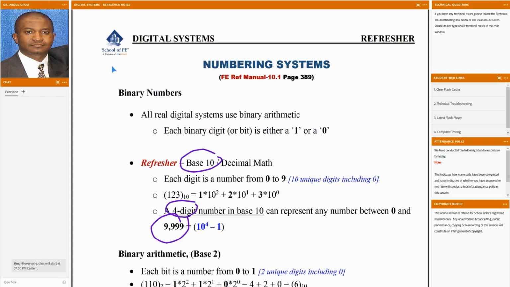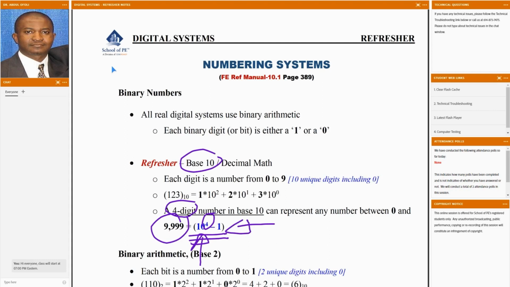This number can be represented as 10 raised to the power of the number of digits you are allowed to represent the number, minus 1. This will always give you the largest number you can represent for any base.